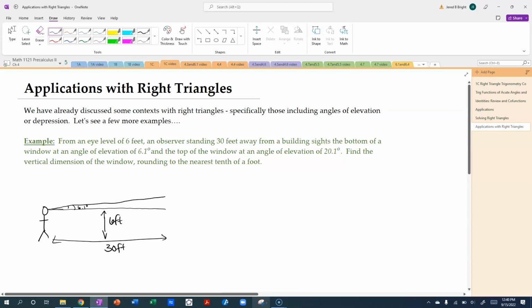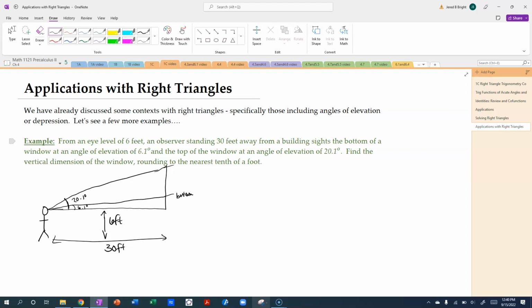And if they elevated a total of 20.1 degrees, then they would see the top of the window. So imagine there's a wall here, here's a window, with the bottom of the window and then the top of the window.